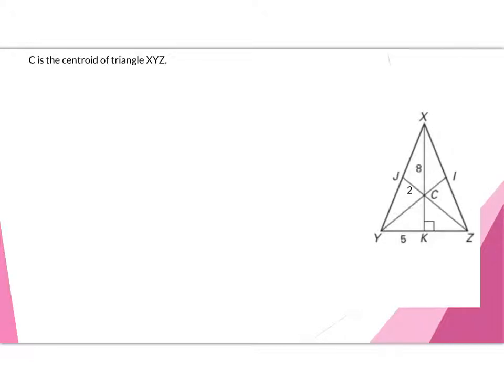So in this triangle, we know that C is the centroid of triangle XYZ. So if we wanted to find, for example, how big CK is. CK is this piece right here.